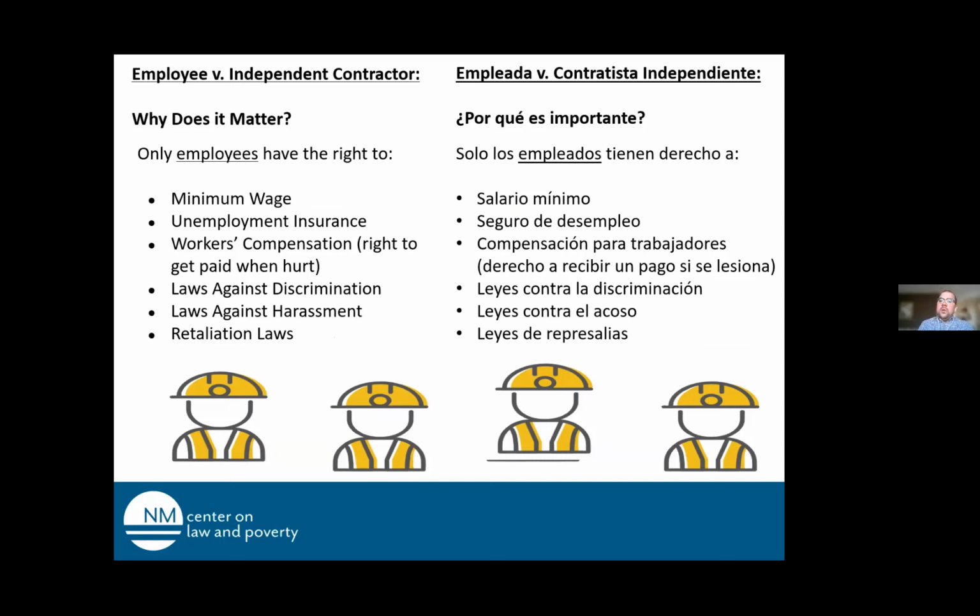However, only employees have the rights to minimum wage, unemployment insurance, workers' compensation, laws against discrimination, laws against harassment, and retaliation laws. Therefore, this distinction can be very important because an independent contractor does not carry the same rights or the same protections as an employee.